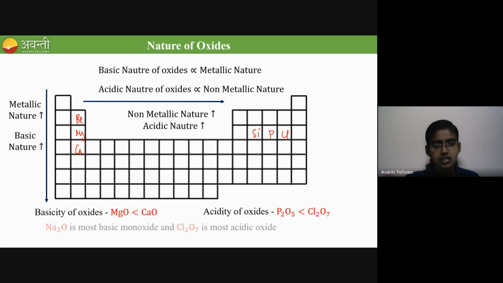Sodium oxide is a strongly basic monoxide, and Cl2O7 is the most acidic oxide. Got it? These two things we have already discussed in the previous slide.